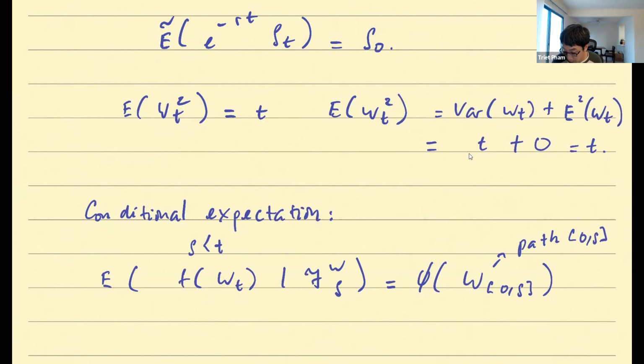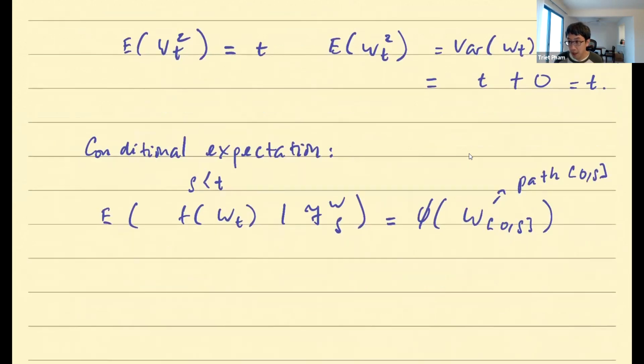This has many properties. One is that it's going to be a function of the path you're conditioning on. But a stronger property is that it's going to be the best approximation, the best mean square approximation. We probably won't use this so much, but I just want to mention it anyway.